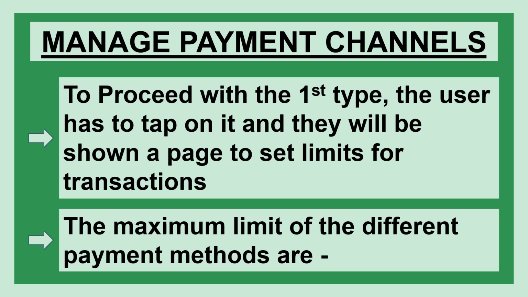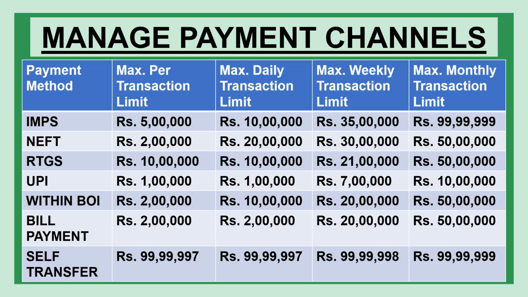The maximum limits of the different payment methods are as follows. Payment method through IMPS: maximum per transaction limit rupees 5 lakh, maximum daily transaction limit is rupees 10 lakh, maximum weekly transaction limit is 35 lakh, maximum monthly transaction limit 99 lakh 99,999.